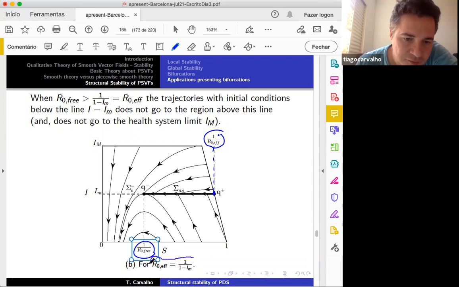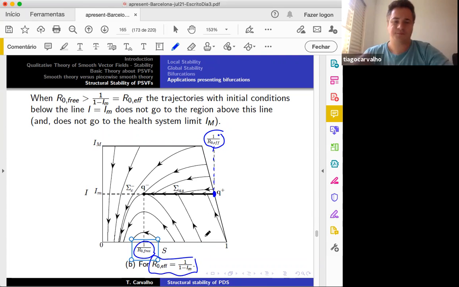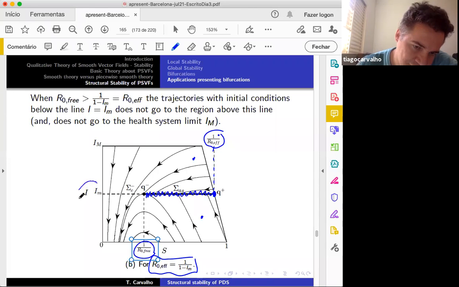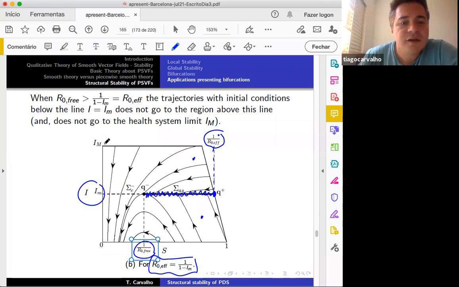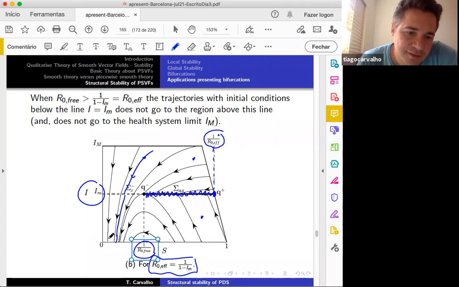In this case we have a sliding region. For any initial condition, the trajectory will reach the line I equal to 0.